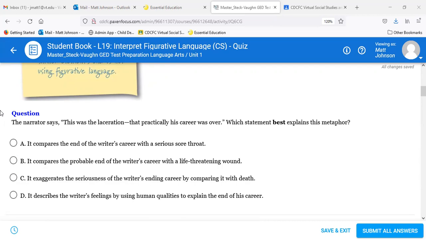C, it exaggerates the seriousness of the writer's ending career by comparing it with death. D, it describes the writer's feeling by using human qualities to explain the end of his career.